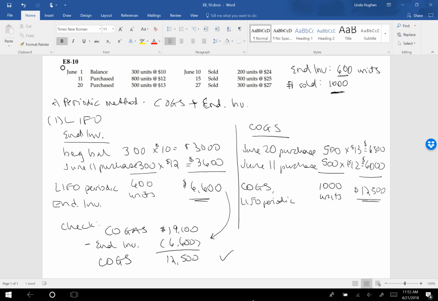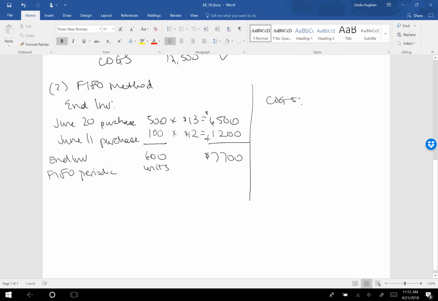So let's start with this, and we're trying to account for sales of 1,000 units. Let's sell these 300 units first at a cost of $10 each. This is from the beginning inventory. So that increased our cost of goods sold by 3,000.